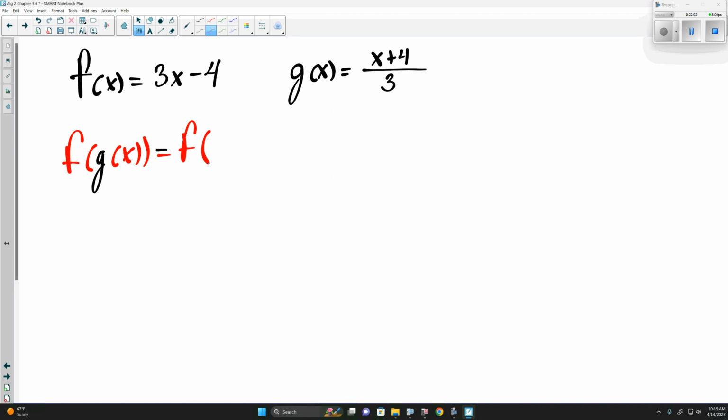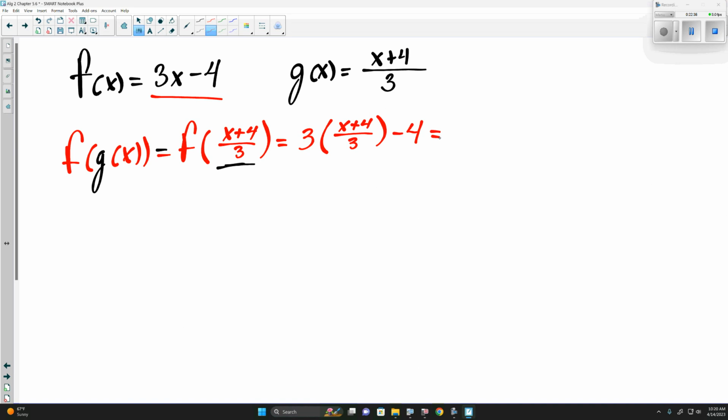And again, just like we've been doing, we'll take g of x and replace it. So we'll have f of x plus 4 all over 3. And we take this and replace every x in f of x with it. So we'll have 3 times x plus 4 divided by 3, minus 4.